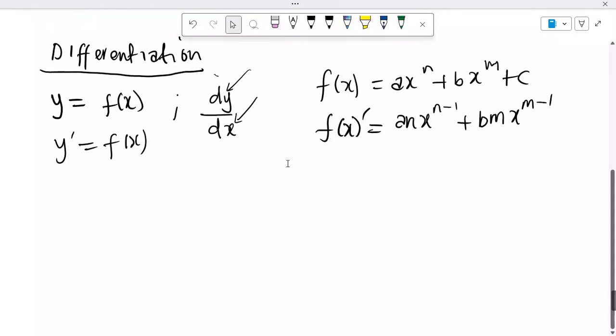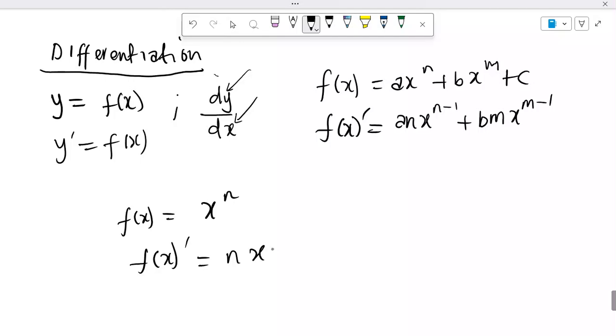The simple way of looking at differentiation is reducing the power. If we have a function x to the power n, after differentiating you drop n first, then x to the power n minus 1. First you drop the power, then subtract the power by 1.